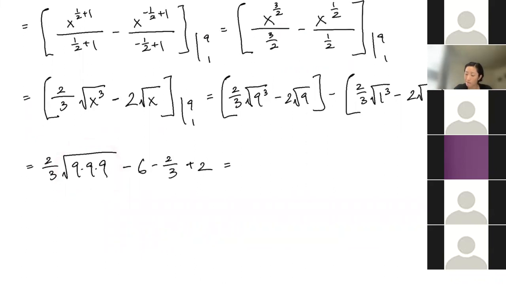Not quite. I bet you know what this is. Square root of 9 is. What's the square root of 9? 3. Okay, what's the square root of this 9? 3. What's the square root of this 9? 3. They're all 3, okay? So we really have 2/3 times 3 times 3 times 3.